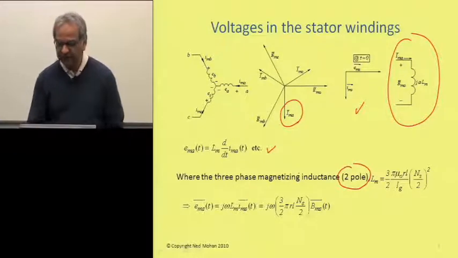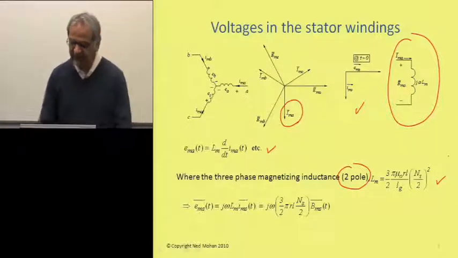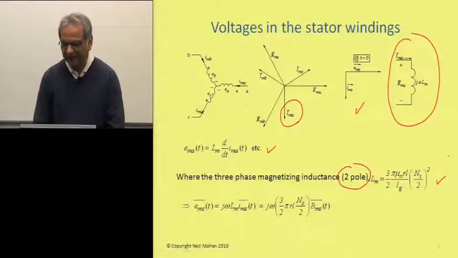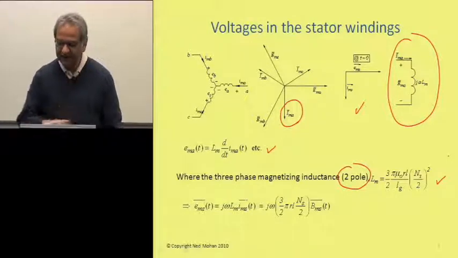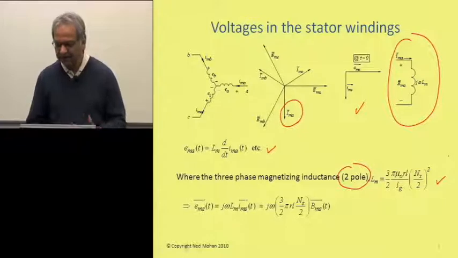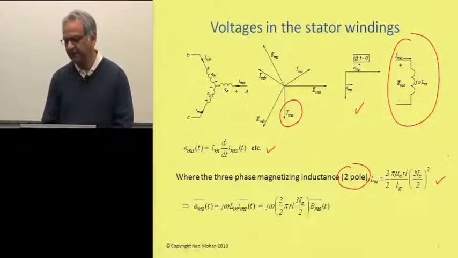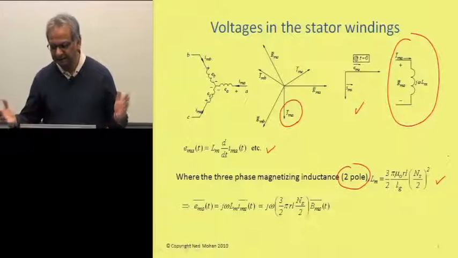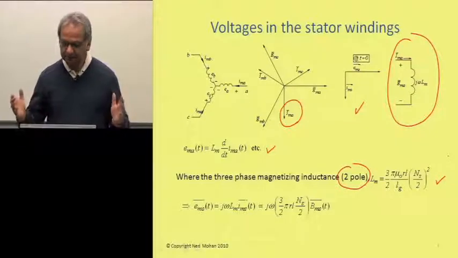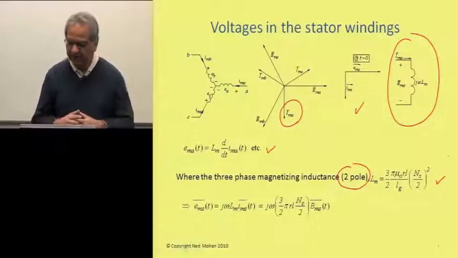Of course, the magnetizing inductance can be calculated to be this expression, not that we need to necessarily calculate that for our purposes, but it is helpful to see the relationship between this magnetizing inductance and the number of turns, the length of the machine, the rotor, the air gap length, and all those things here.